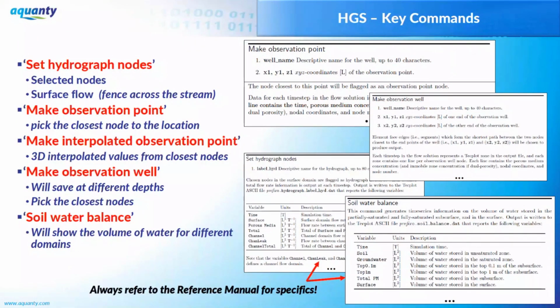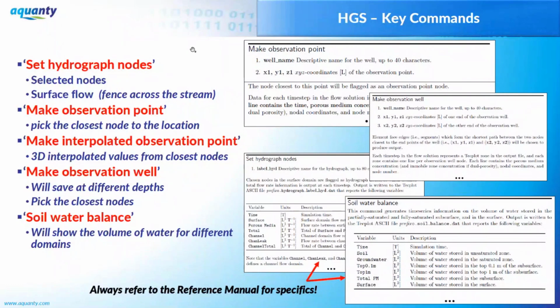Okay, we're looking at some of the key commands. For the surface domain, one of the key commands is when you want to capture flow going through streams. A main command is set hydrograph nodes, and you select nodes in a fence.